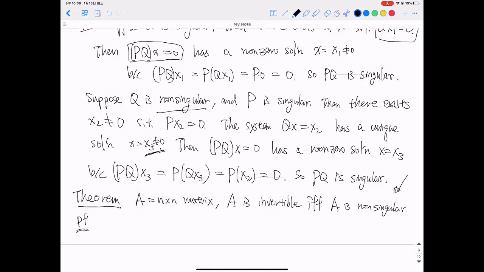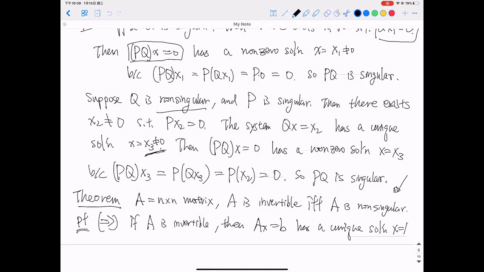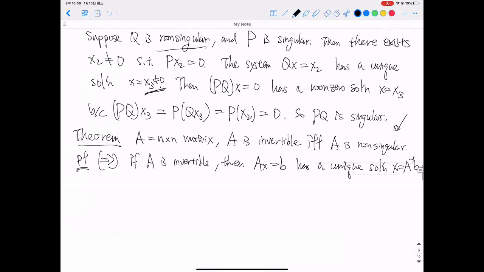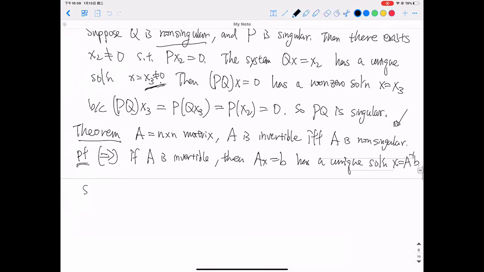Proof. We've seen how the forward implication works. If A is invertible, then the system Ax equals b has a unique solution, that is x equals A inverse b, as we've calculated above. So A is non-singular.